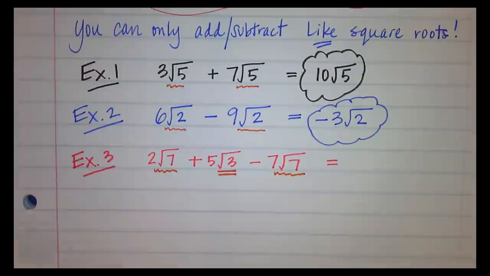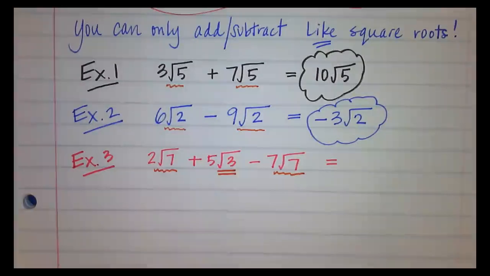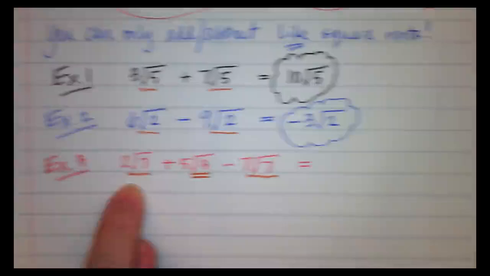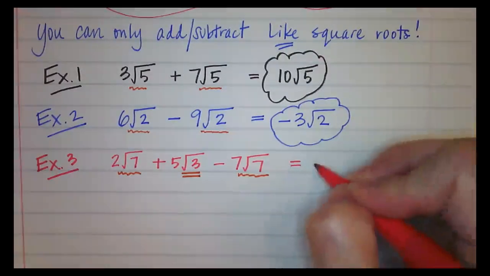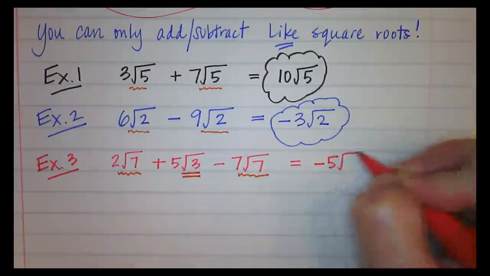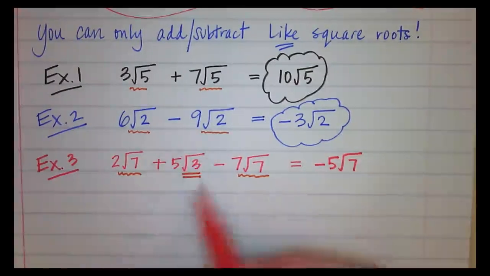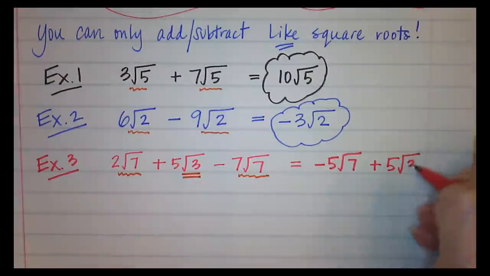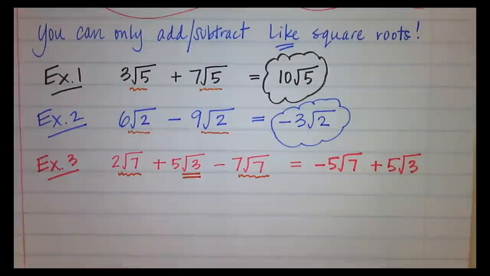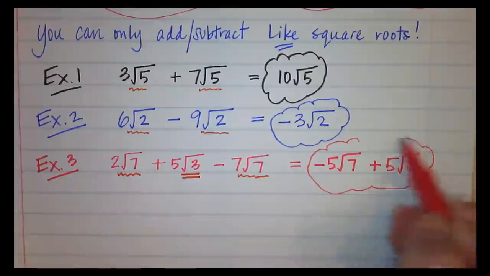So we can combine these square roots together, but we can't combine those with this one. If we have 2 square roots of 7 and we subtract 7 square roots of 7, that's going to give us -5 square roots of 7. And that still needs to be added to 5 square root of 3, except that we can't actually add them together. So that is going to be our answer.